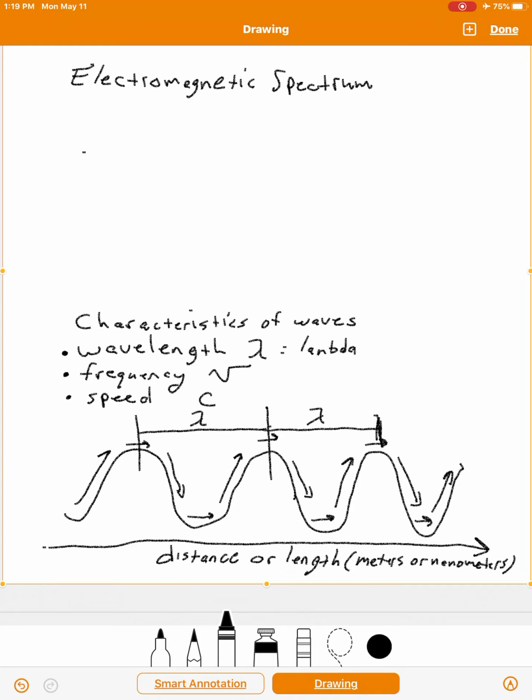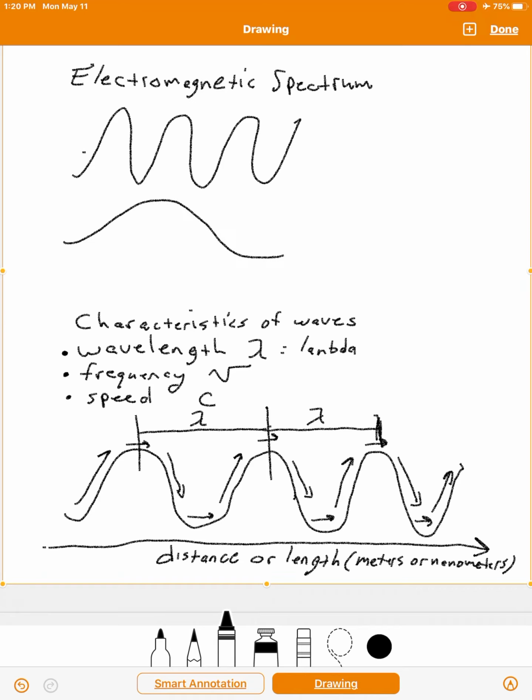Okay, so if we come back and I show you two waves, so here's wave 1, and then here's wave 2. One of these two waves has a shorter wavelength, the other one has a longer wavelength. Which one do you think is shorter, and which one do you think is longer? This one's shorter, right? The distance between those two adjacent peaks is shorter.